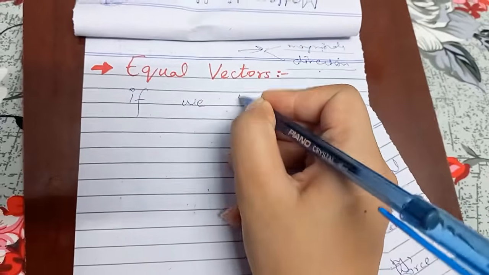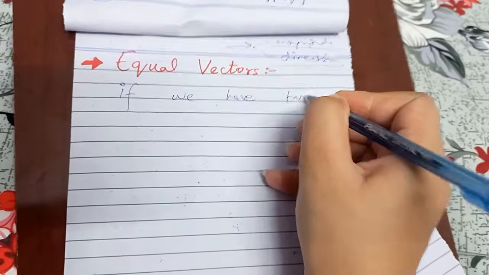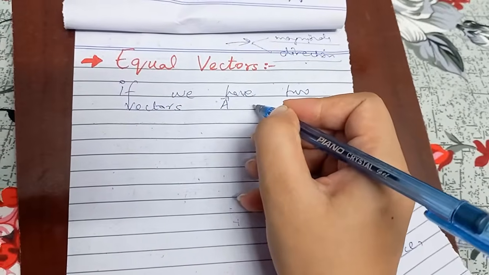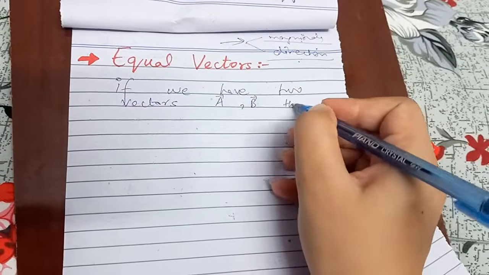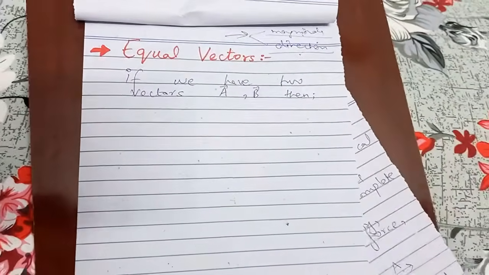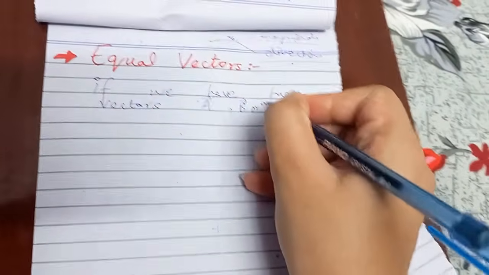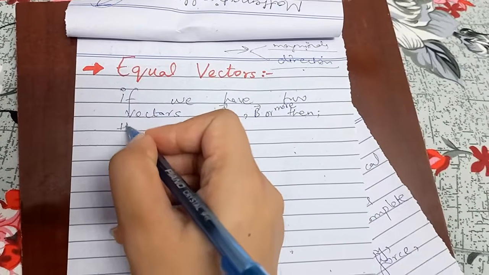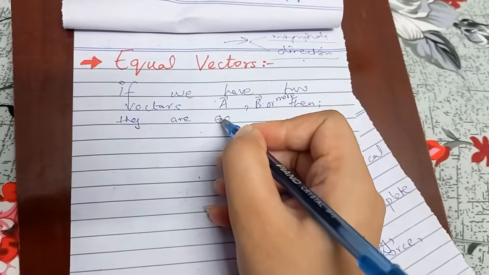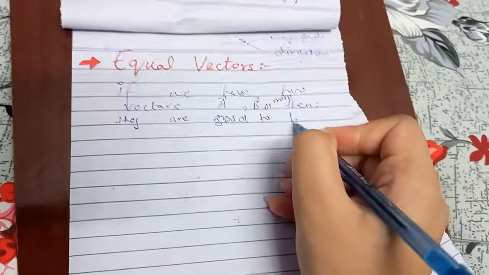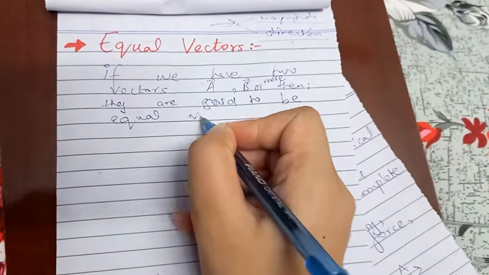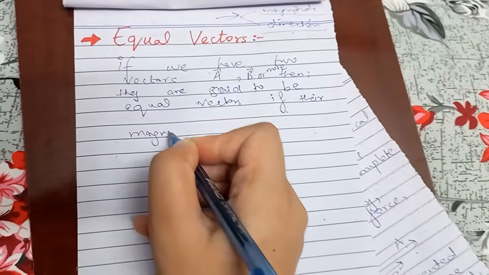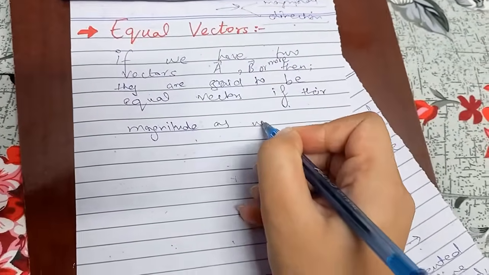If we have two vectors a and b, or c, d, it can go on, or more, then they are said to be equal vectors if their magnitude as well as directions are equal.